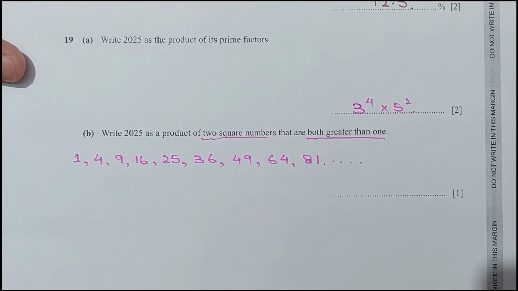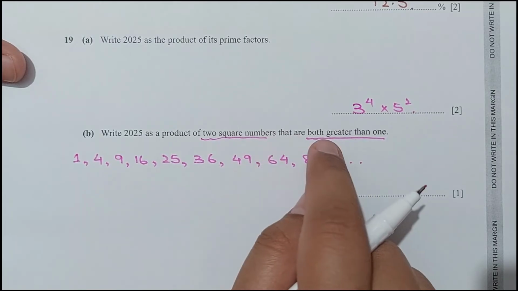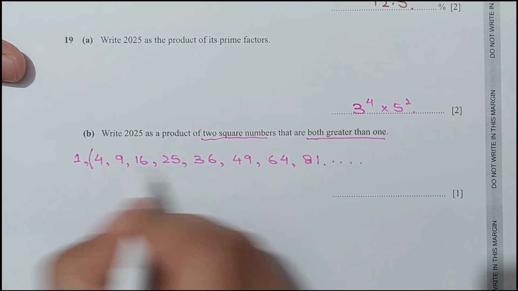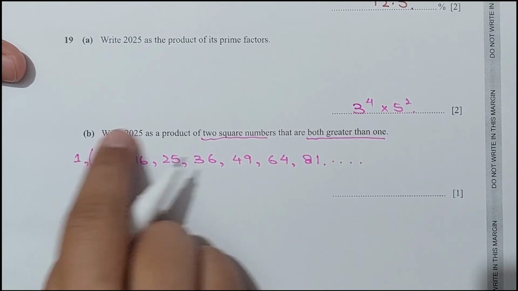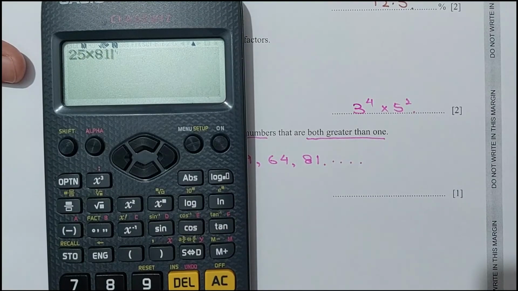So we have to write down the product of two square numbers that are both more than 1 from here. 4 times something makes 2025? Let's try 25 with 81.